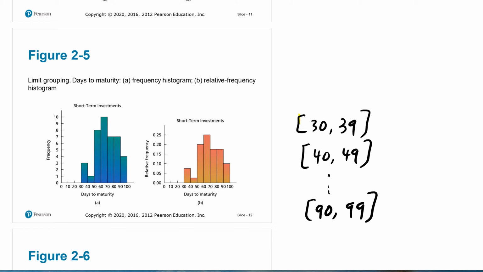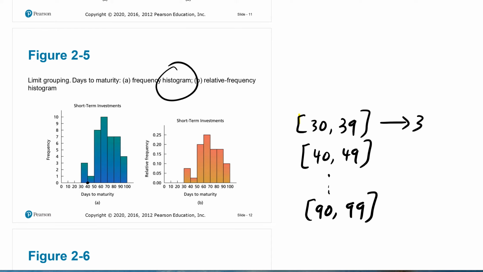When it comes to constructing the histograms, those bars we draw here, we will go from 30 to 40. This is just 30 to 40. It doesn't matter if we do it this way or not, because you want the bars to touch each other, so it has to be a histogram, touch each other, same width. So from 30 to 39, there were 3 of them.